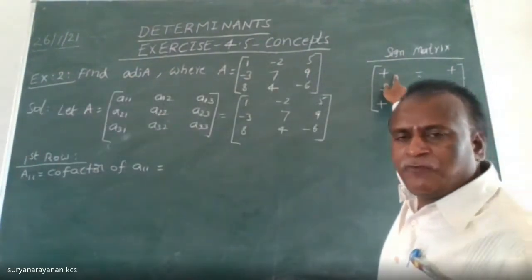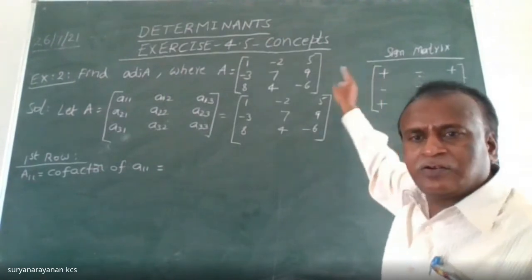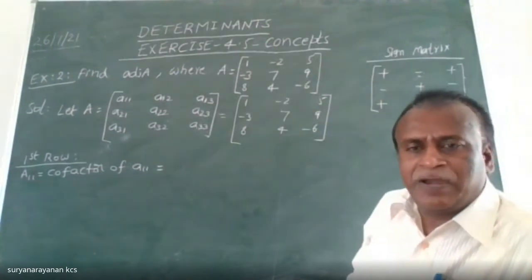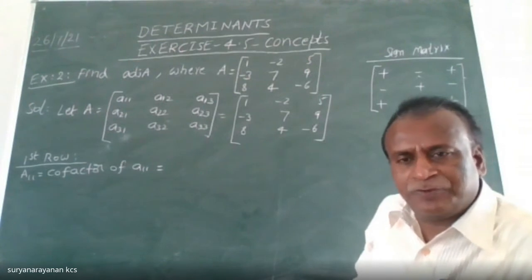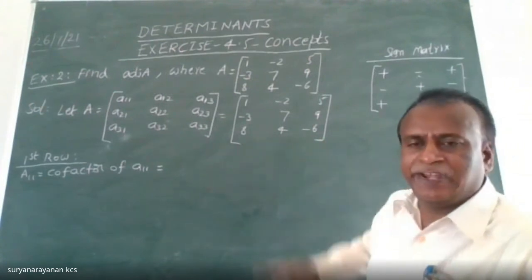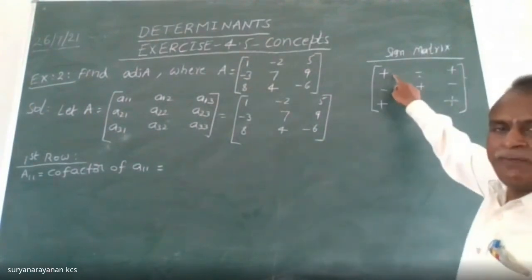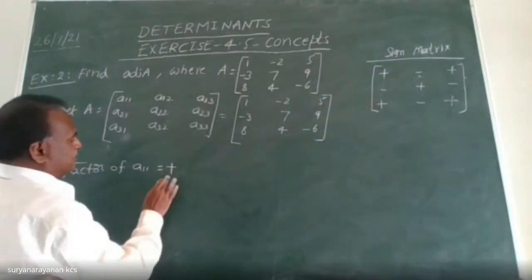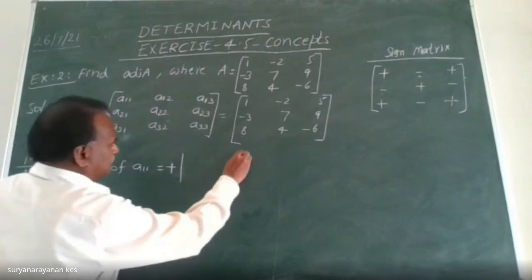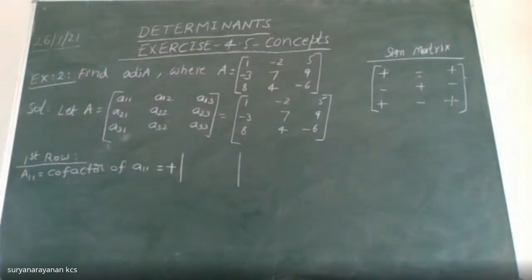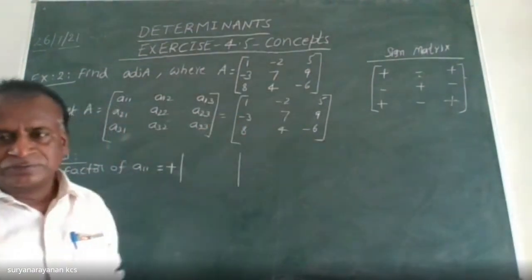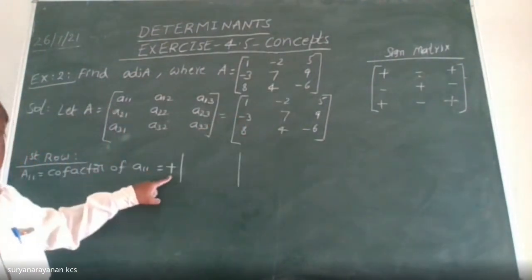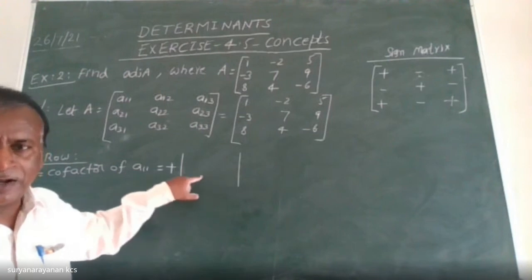Whatever steps you followed to find the cofactors of a matrix in the case of 2 by 2, same procedure here also. So first go to the sign matrix. Plus. After keeping this sign, here we have to write the minor of this element.